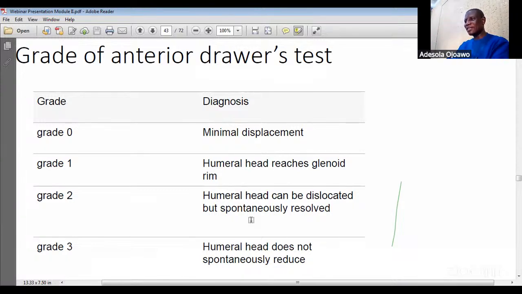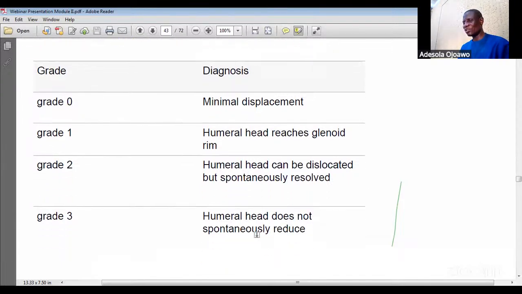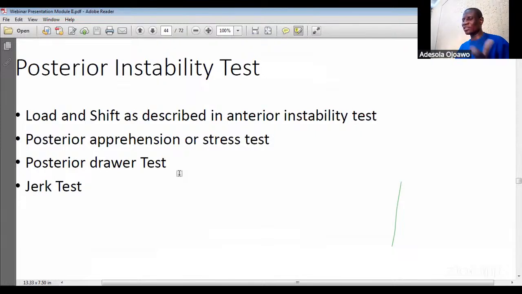So the same grading is what we are trying to put down here. And grade 3 is humeral head does not spontaneously reduce. So that shows that there is serious instability of the anterior ligament. So that's why you are careful on what to do for the patient. Majorly, you strengthen the ligament of the patient's joint.